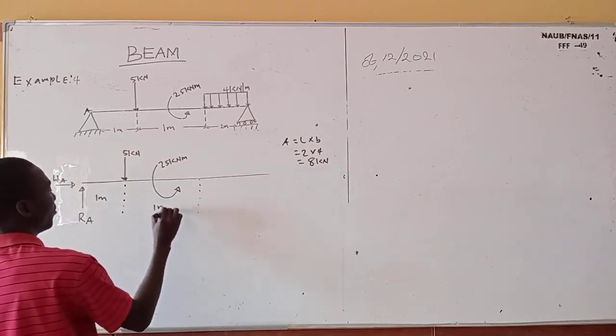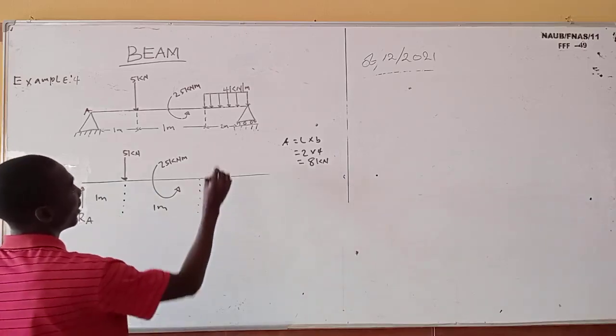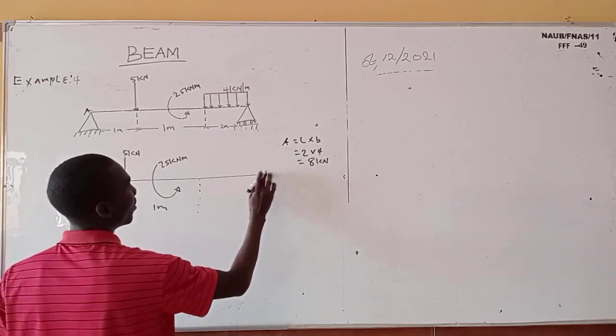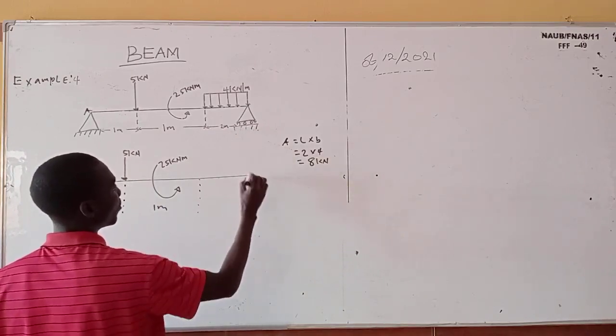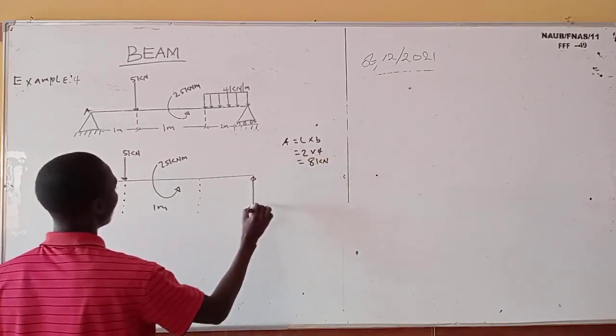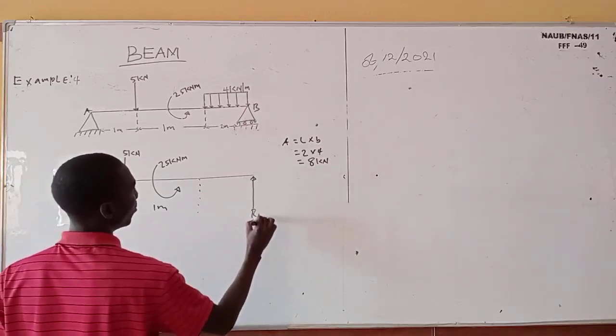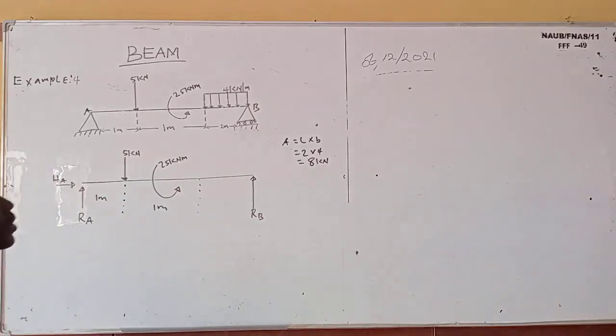So the distance from here to here is 1 meter. This one is going to have just a vertical reaction. Let's say this one is B, R_B. So we have to calculate the reactions at the supports R_A, R_B, and H_A.